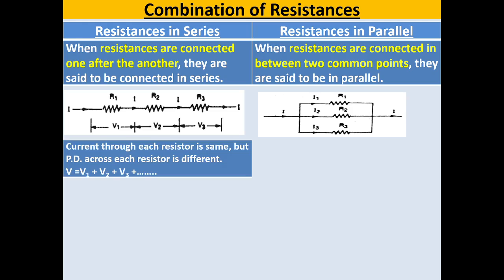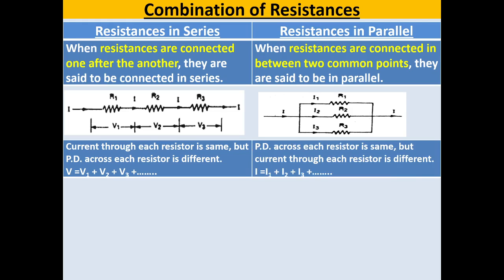Whenever resistances are connected in series, the current through each resistor is the same, but the potential difference across each resistor is different. So we write the equation V is equal to V1 plus V2 plus V3 plus etc. Whenever resistances are connected in parallel, the potential difference across each resistor is the same, but the current flowing through each resistance is different.